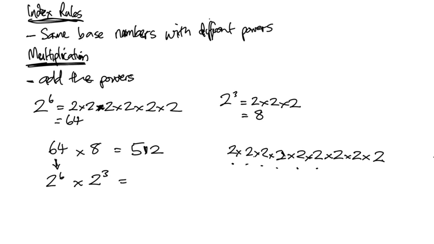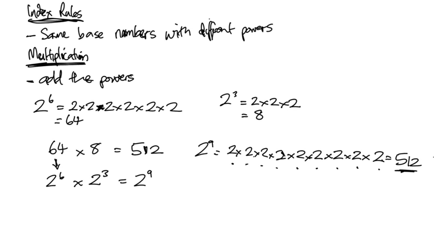So 1, 2, 3, 4, 5, 6, 7. 2 to the power of 7 is 128. To the power of 8 is 256. To the power of 9 is 512. So we have gotten to this point now, because 512 is the same as 2 to the power of 9.